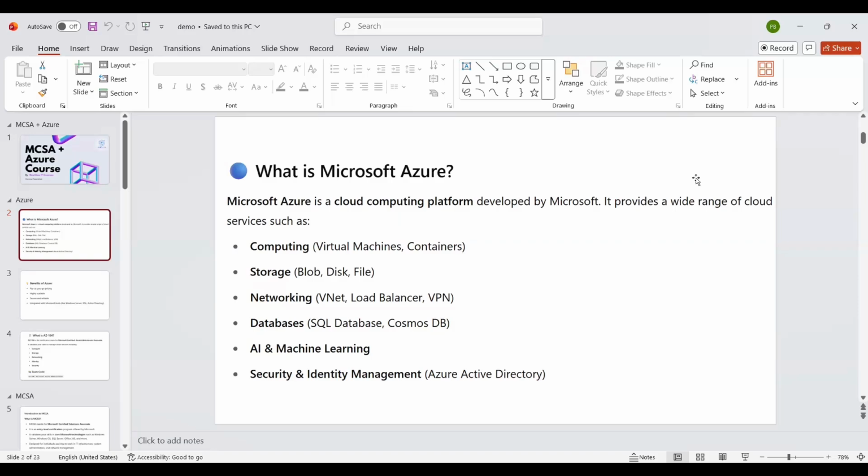But we are choosing Azure because the infrastructure of Azure is well developed and it has many availability zones and regions. It has three geographical regions present inside India.